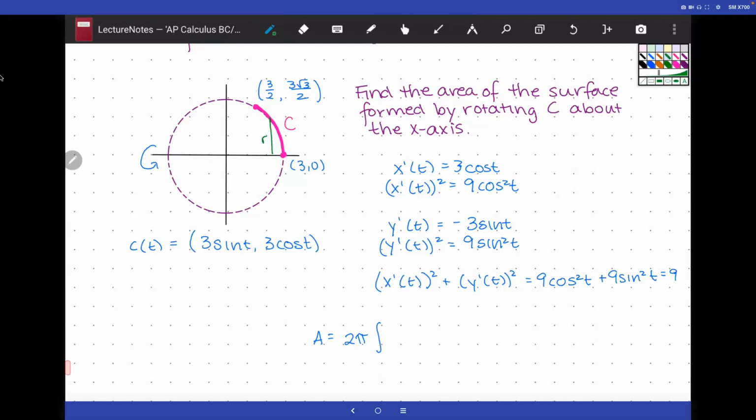So y of t for us is 3 cosine t. But then we have the square root of 9, which I know is 3 dt. So this is going to be pretty easy to do. We just have to figure out our limits now.